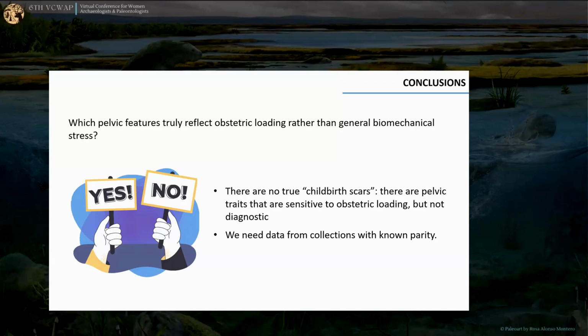Especially, we found in another statistic that some of them appear in females only in high grades and in lower grades in males, so we could find some indication of which obstetric-sensitive traits they may be. But we cannot prove that, because we need a direct link to childbirth events. We lack individuals of known parity, so we need to test this with some collection that has parity information of the individuals.